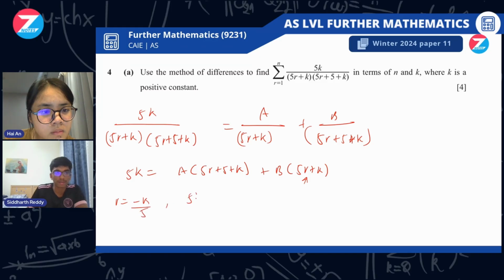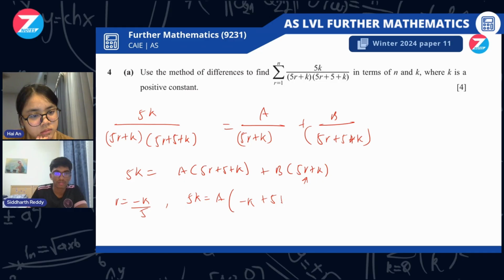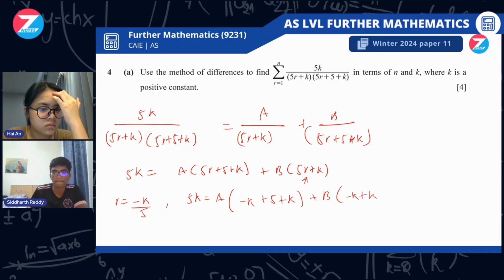So we get 5k is equal to a into 5 into minus k by 5 is minus k plus 5 plus k plus b into 5 into minus k by 5 is minus k again plus k. It's just cancelled out and becomes 0. So this whole part is just 0. So 5k is equal to a into 5. So a is just equal to k.